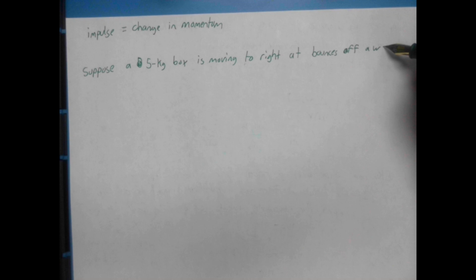Let's say the box is moving to the right at 10 meters per second and ends up moving to the left at 10 meters per second. What is the change in momentum?